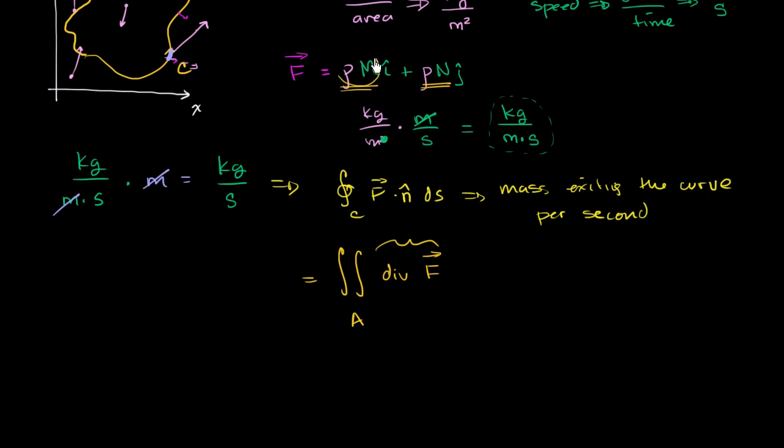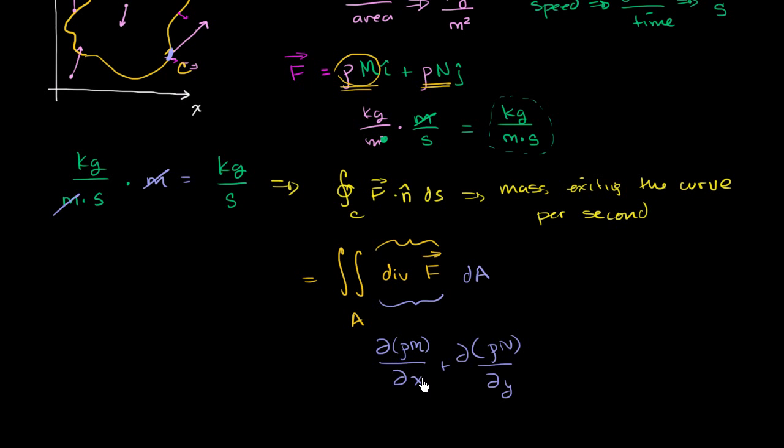That's just the partial of the i component, rho m, with respect to x, plus the partial of the y component, rho n, with respect to y, times each little chunk of area.